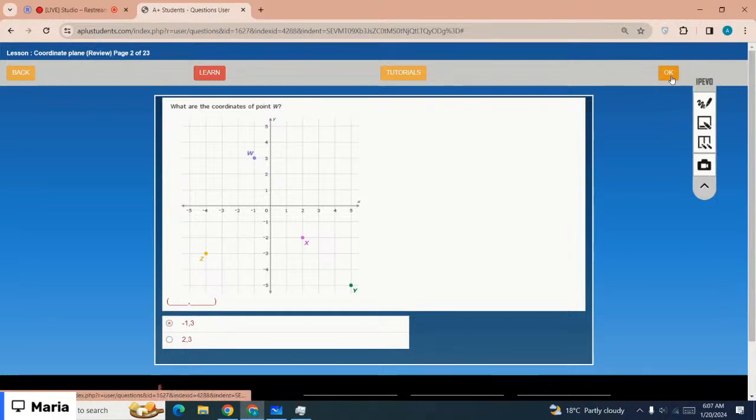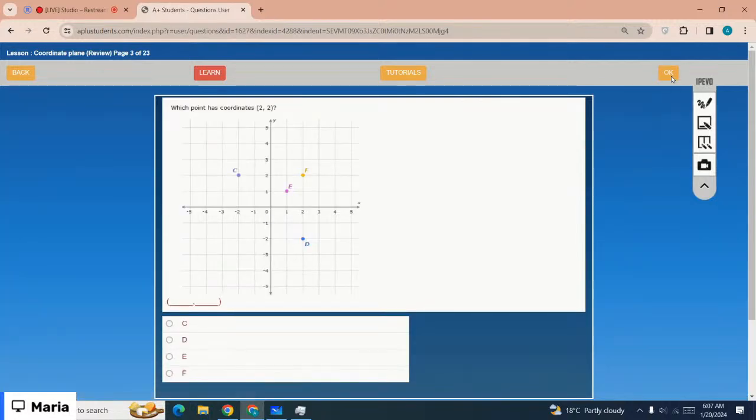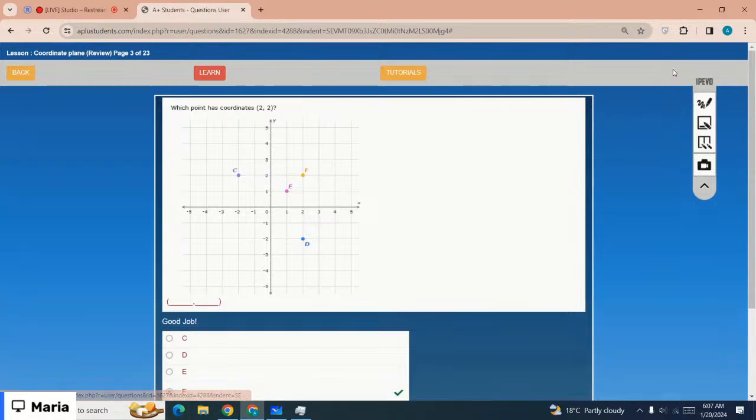Option number 1 is the correct option, that is -1 and 3. Which point has the coordinate 2, 2? So x is 2 and y is 2. Here is the point where x is 2 and y is 2, that is F.